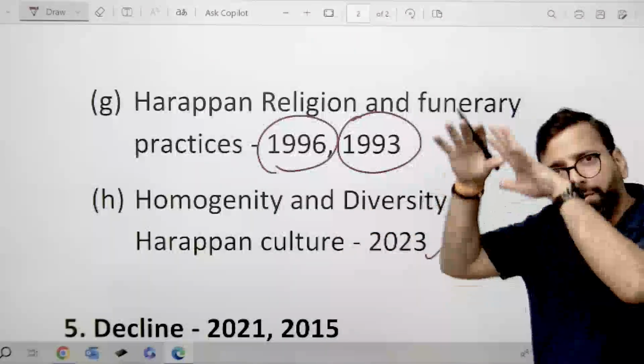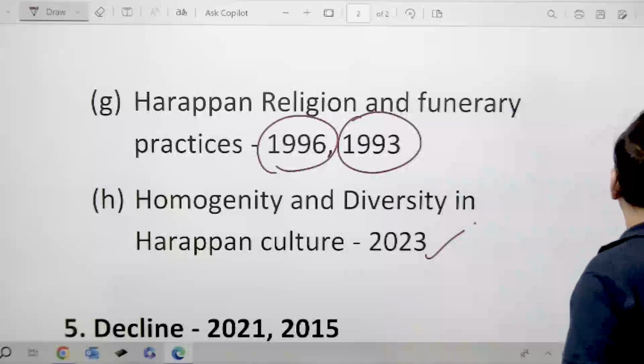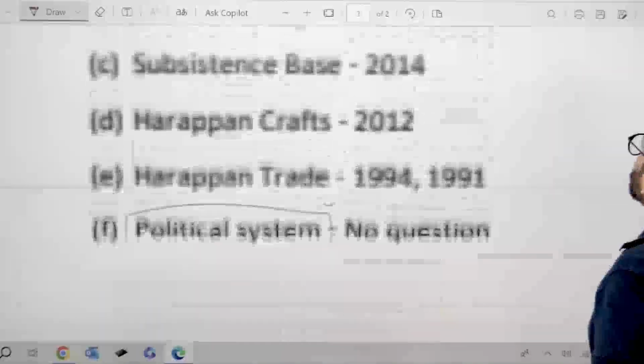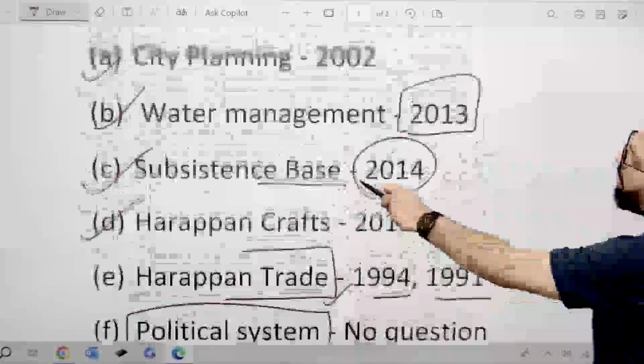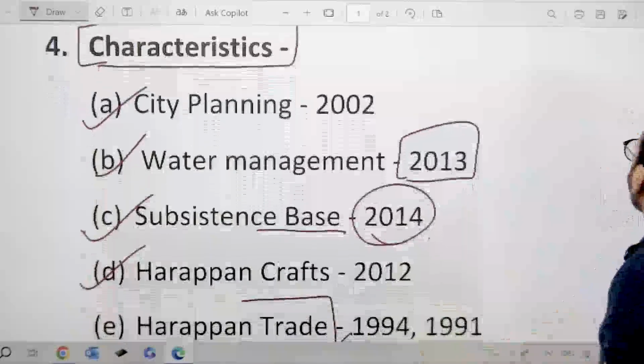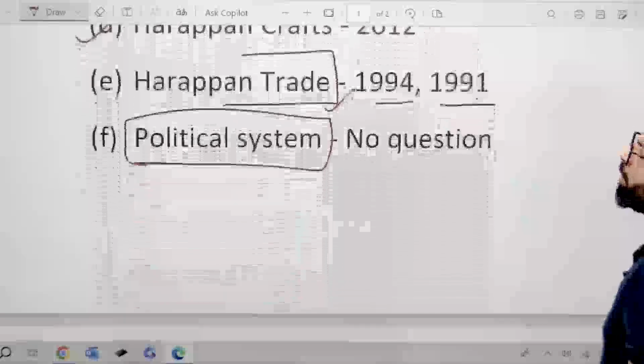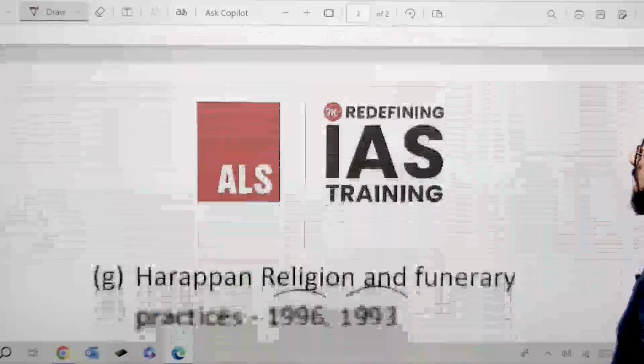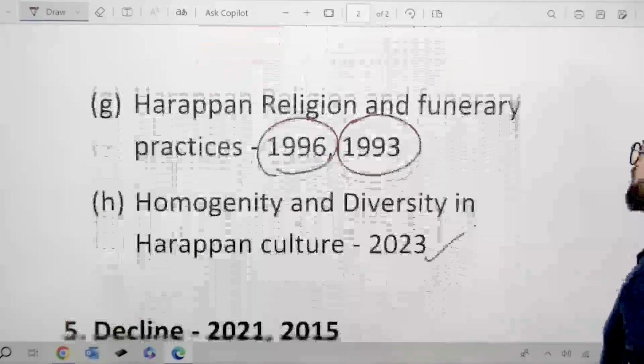So you can see we have decoded this whole heading of characteristics. UPSC has only given this heading of characteristics and has not subdivided it; we have done it through analysis of your PYQ. These things become important for the upcoming examination.